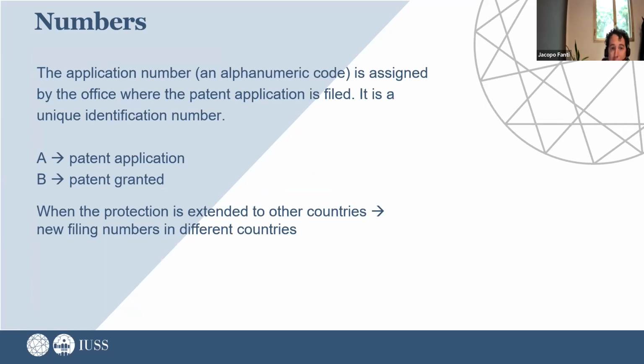And then, of course, each patent has a number, and the application number is assigned by the office where the patent application is filed, and it is a unique identification number. And of course, when the protection is extended to other countries, new filing numbers are given to the same technology.